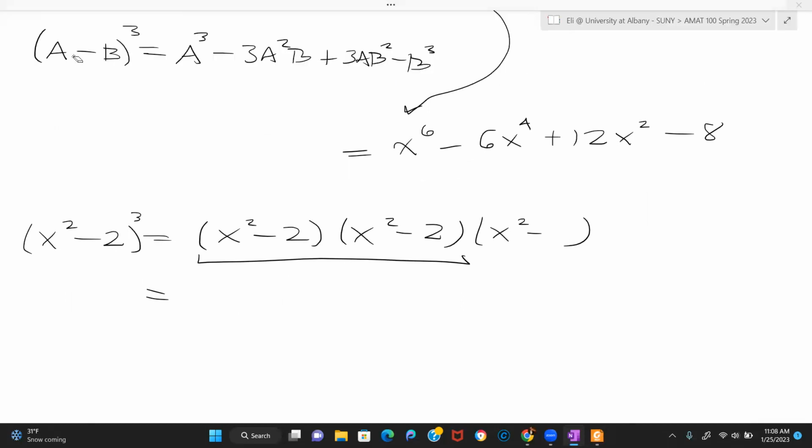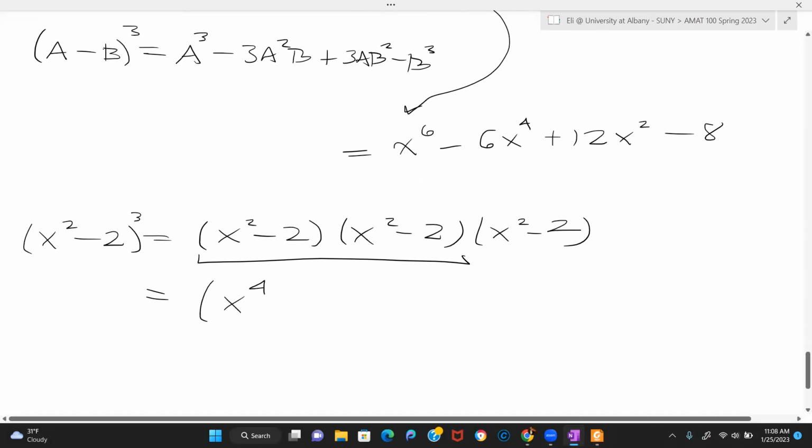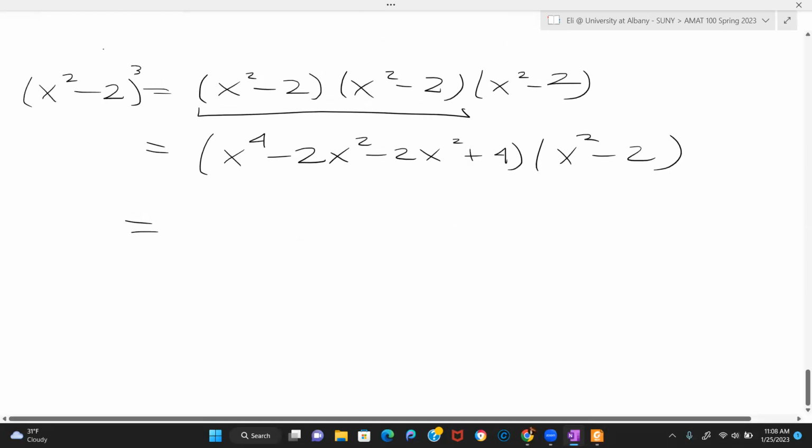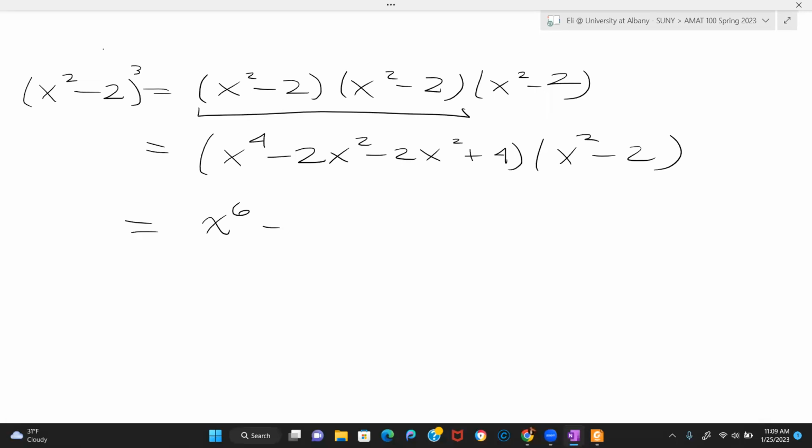So when you FOIL the underlying part, you get x to the fourth minus 2x squared minus 2x squared plus 4. And then that thing goes along for the ride. Now you can just distribute this whole thing through to this. So the x to the fourth times x squared gives you x to the sixth, and then x to the fourth times negative 2 gives you negative 2x to the fourth.